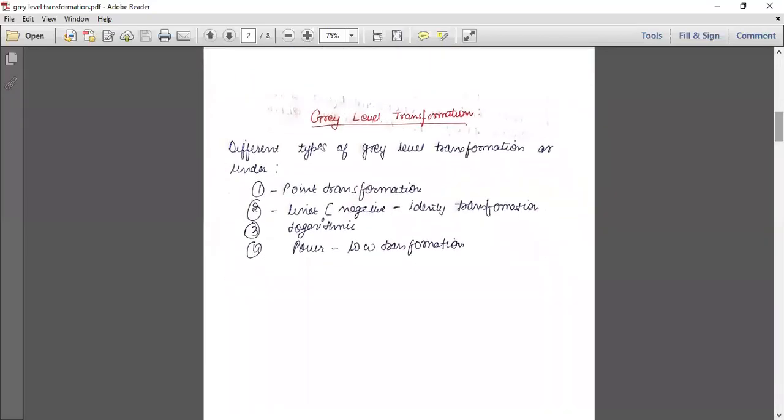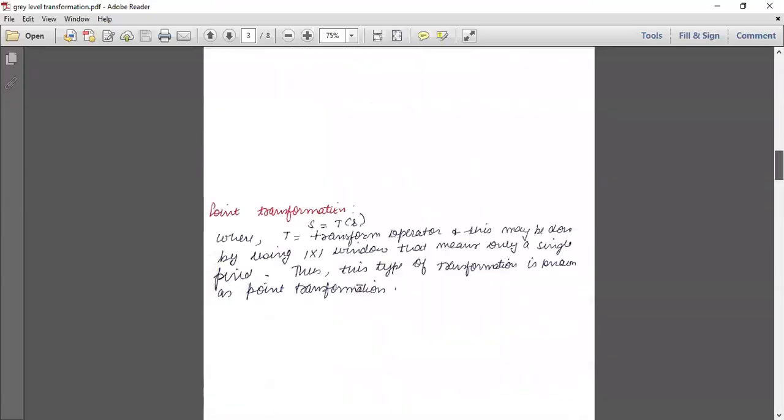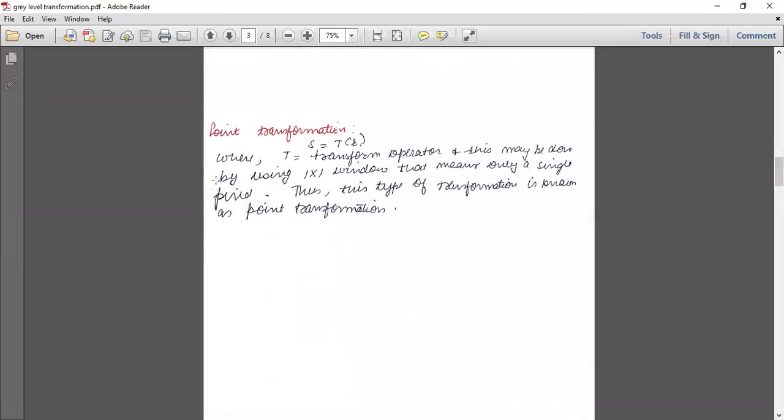Now come to the transformation, gray level transformation. There are 4 different types of transformation available. One is point transformation, linear (negative and identity) transformation, log transformation, and power law transformation. First is point transformation. When we talk about point transformation, we get S is equal to T of R. S is the output and R represents the input signal.